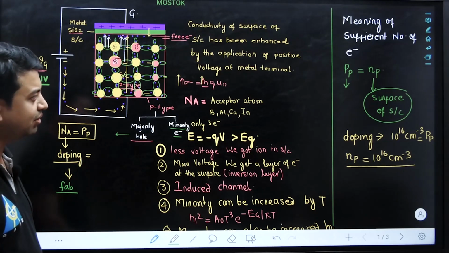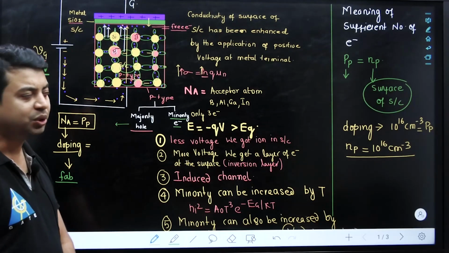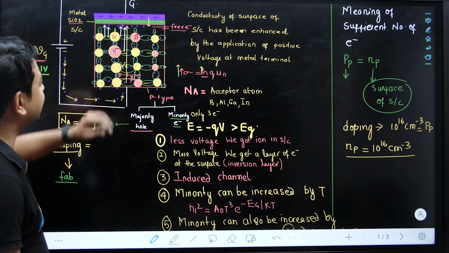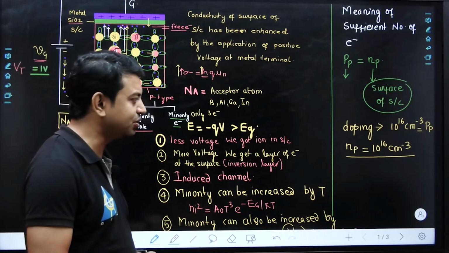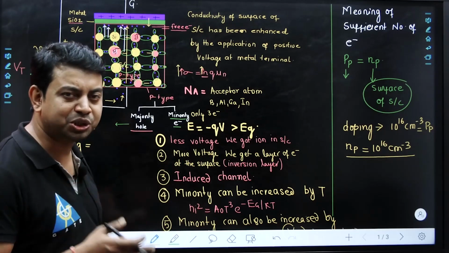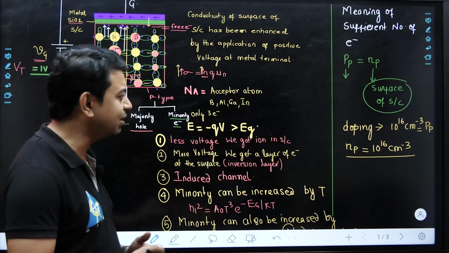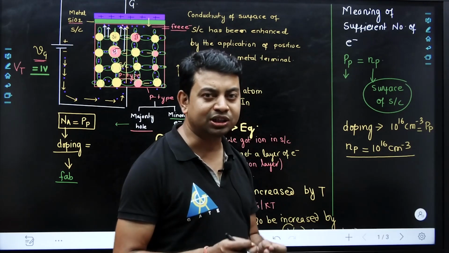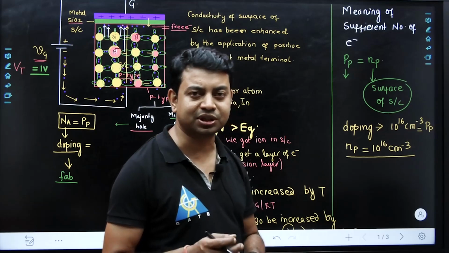So I have given you so many things right now. This is a very different series in which we are analyzing each and every part. So the free electrons concentration that we have to make right here is the concentration of electrons which is sufficient to make the channel conductive. So if someone asks you what is that sufficient number of electrons which will make the channel conductive, then I must say that it can be quantitatively measured by measuring the doping concentration of the semiconductor.